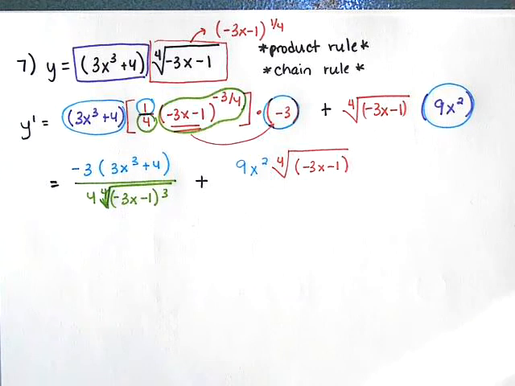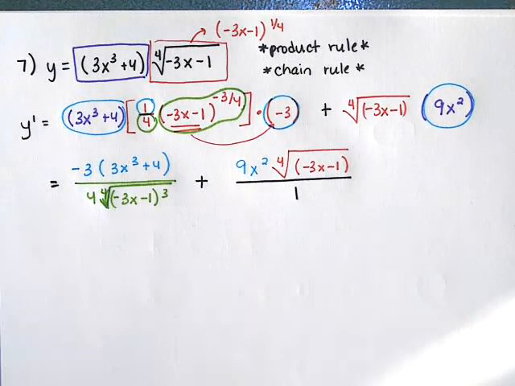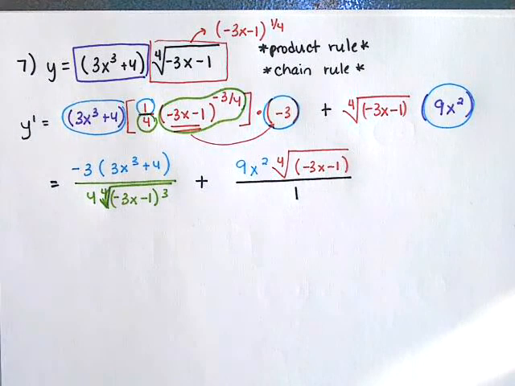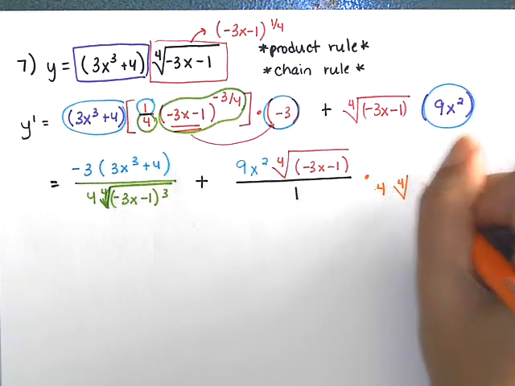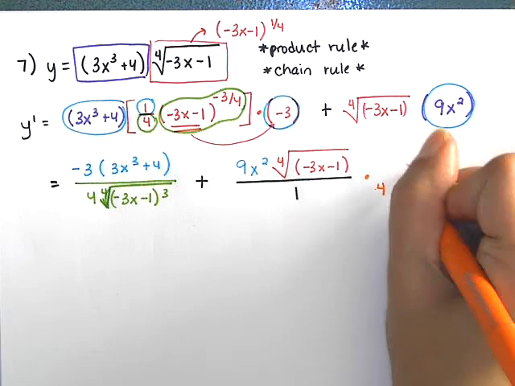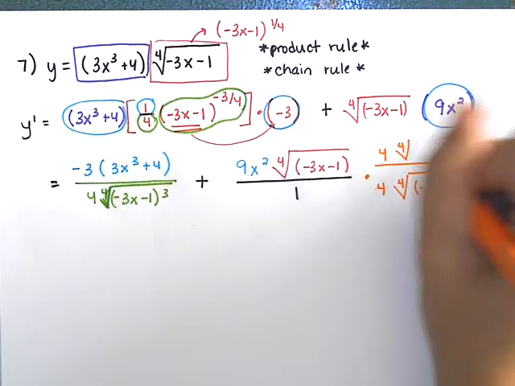Now in order to add these, I'm going to need a common denominator. This term is really over 1. To make this denominator and this denominator the same, I'm going to need to multiply by 4 times the 4th root of negative 3x minus 1 to the 3rd power on both the top and the bottom.